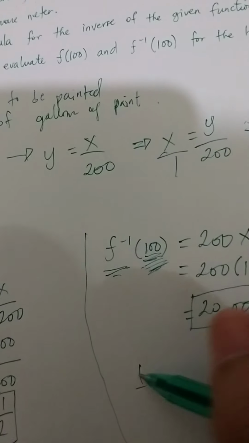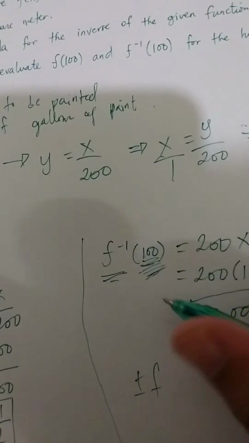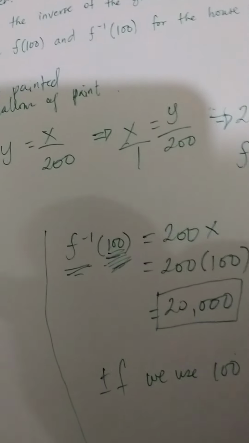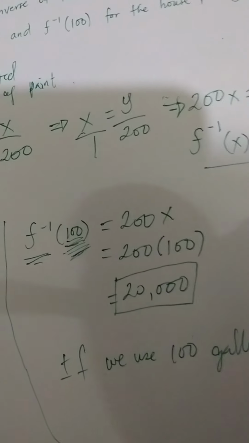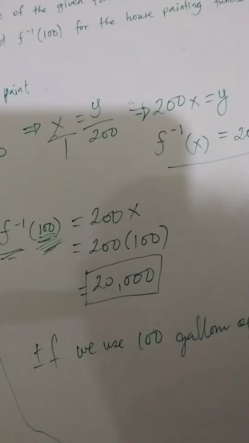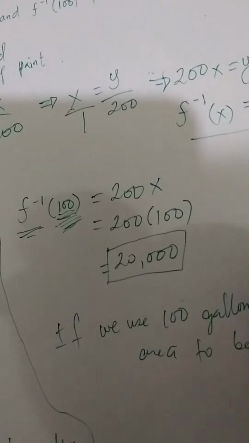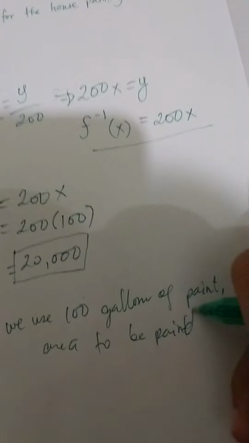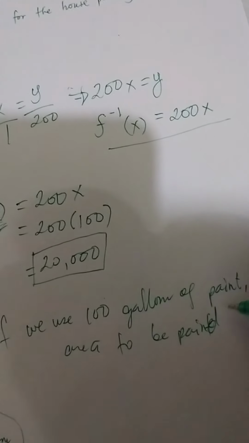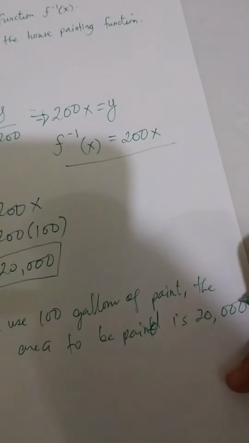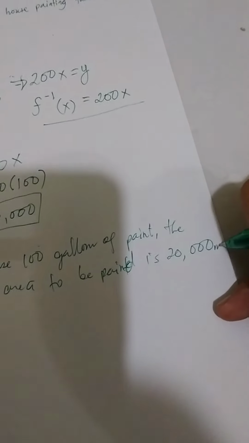Therefore, if we use 100 gallons of paint, the area to be painted is 20,000 square meters.